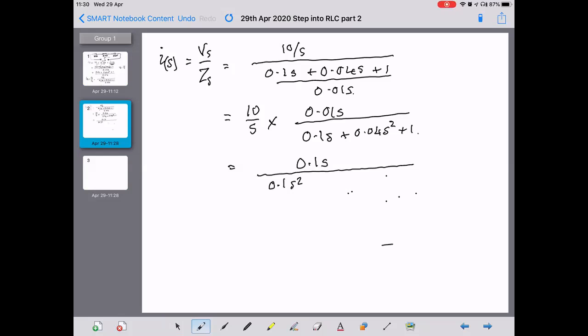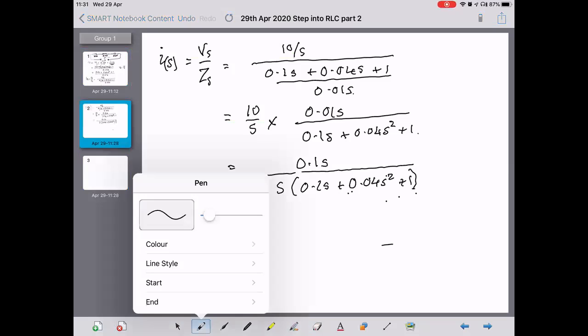Hang on, I know what we need to do. We write that like this: S times 0.1 S plus 0.04 S squared plus 1, all multiplied by S.